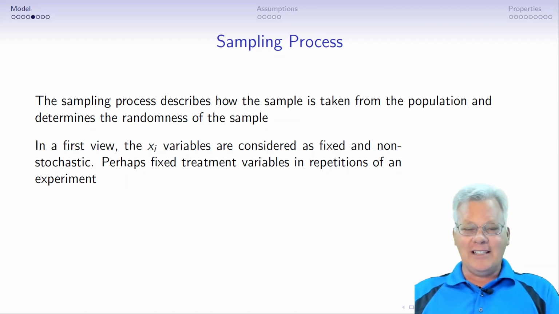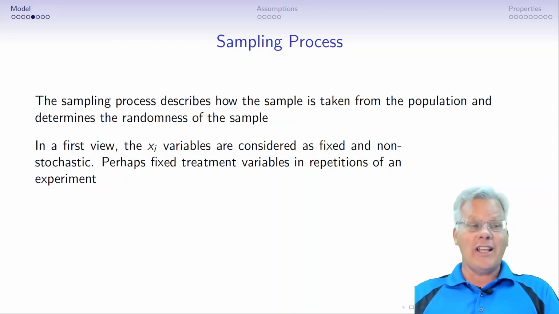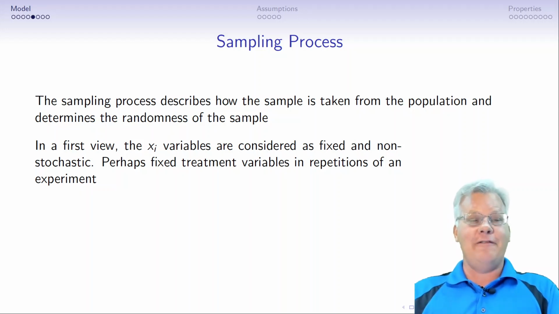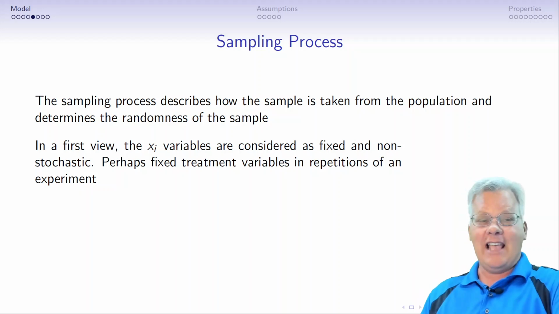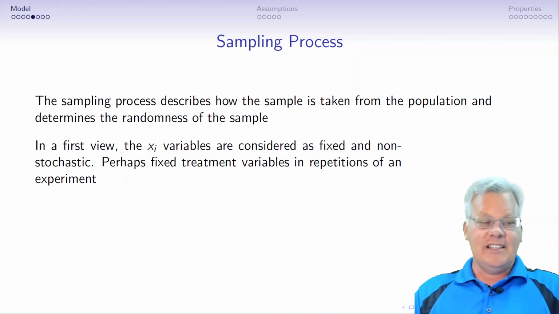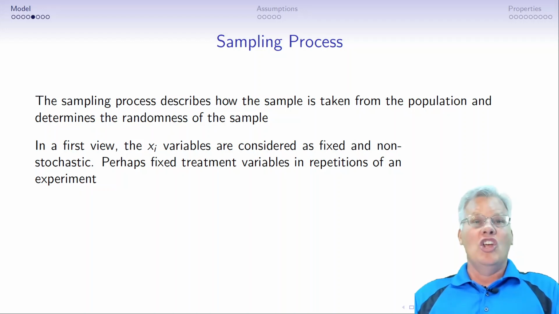So the X's, the dosage of the drug that we're administering, are considered fixed, and we have repeated draws on these fixed values of the samples. Since the dosage of the drug that we're applying has been fixed and non-stochastic, as we consider the statistical properties of the OLS estimator, the X's can be considered non-stochastic. They're fixed values.